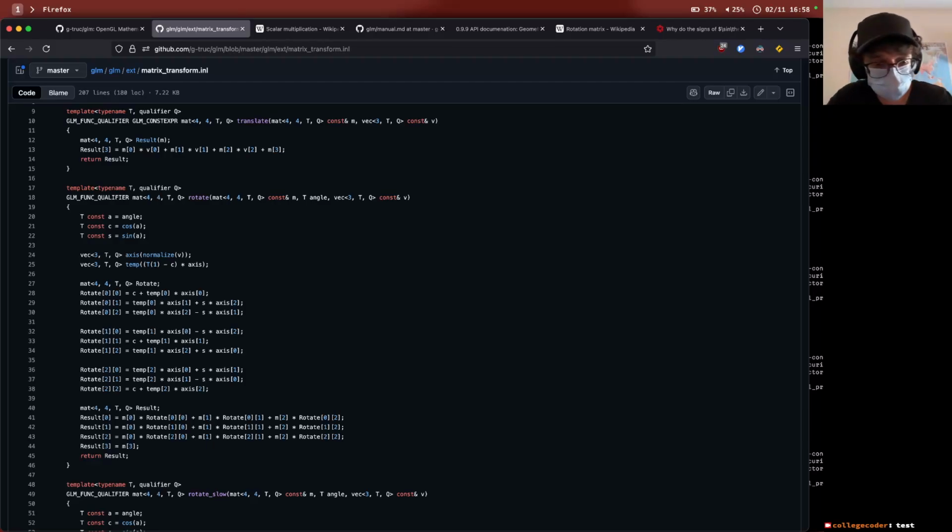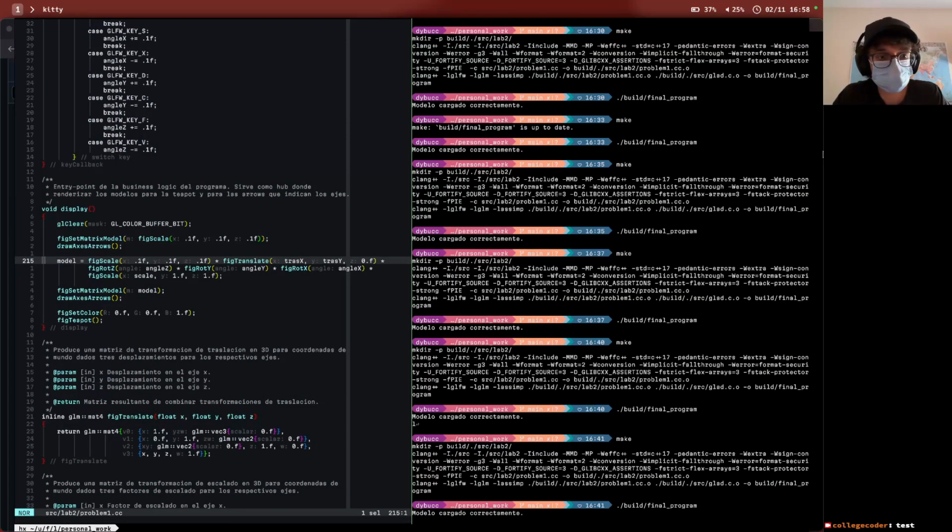A problem is that temporary is supposed to be 1f minus the cosine of the angle. So if the angle is, say, wait a second. Let me replace this.